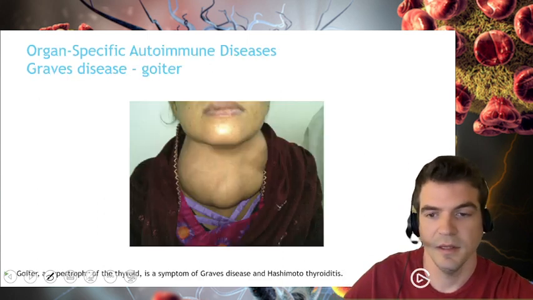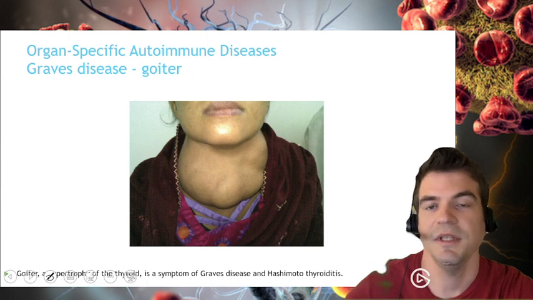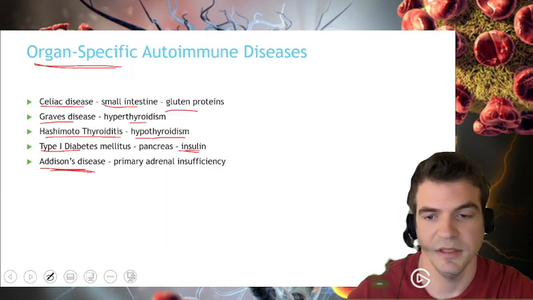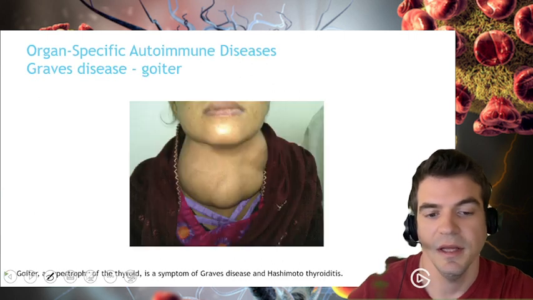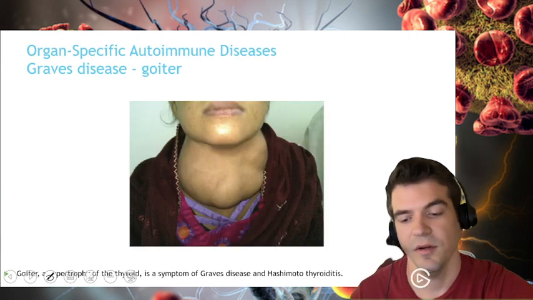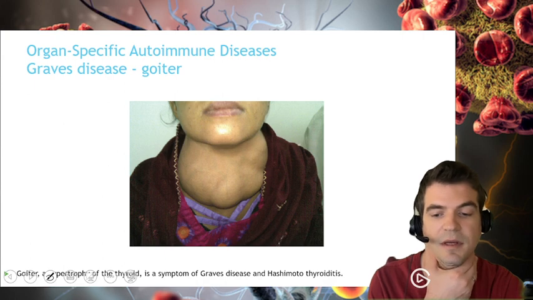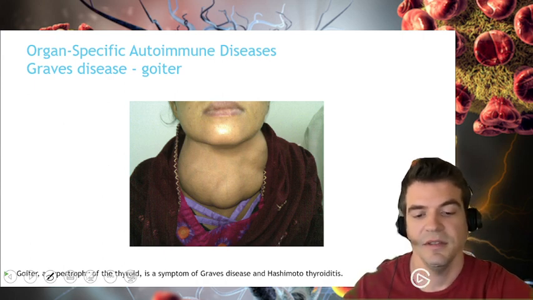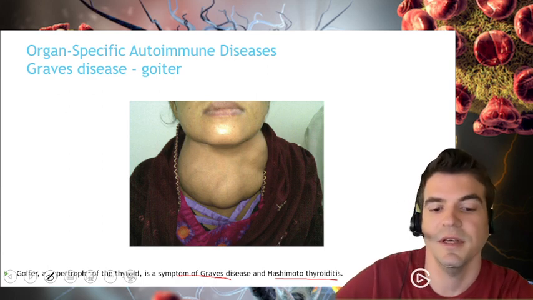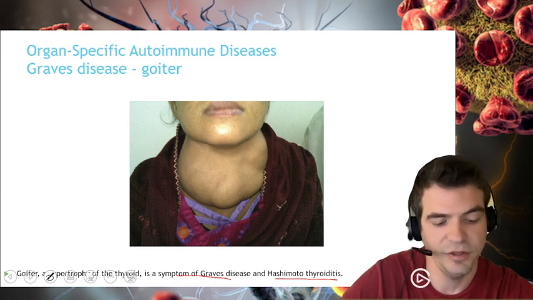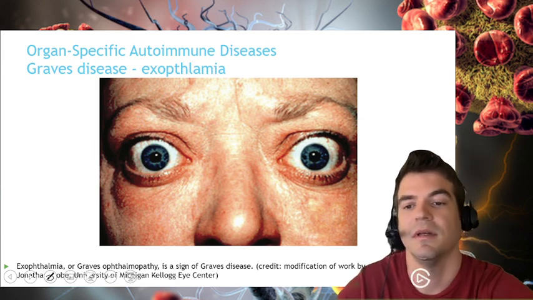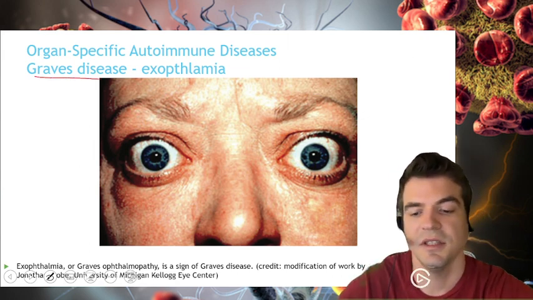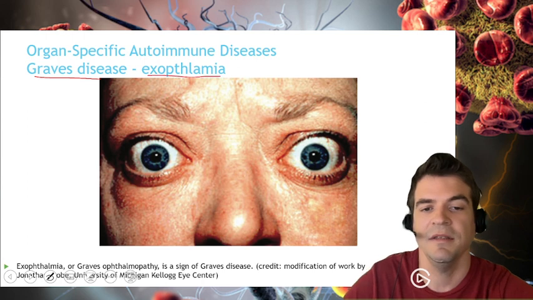Just like we said, if Graves' disease causes hyperthyroid, then you will get a big goiter. That's a symptom of Graves' disease and Hashimoto thyroiditis. Another symptom of Graves' disease is exophthalmia.